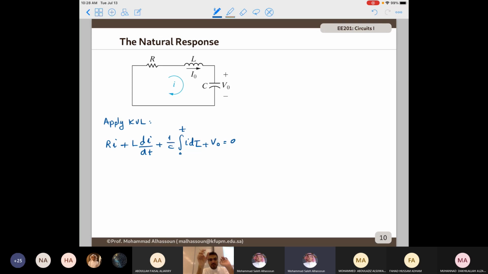There's a mixture between integration and differentiation, so let's differentiate both sides so we ensure that we have a differential equation.